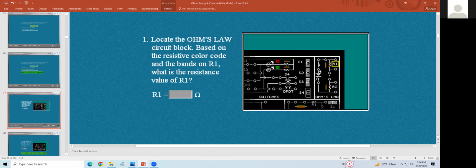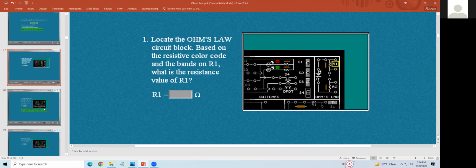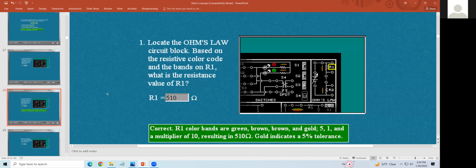That means you look at the colors on R1 and use your calculator to tell you what value. This is the answer, if you're doing it right.